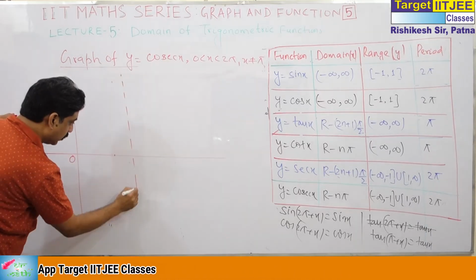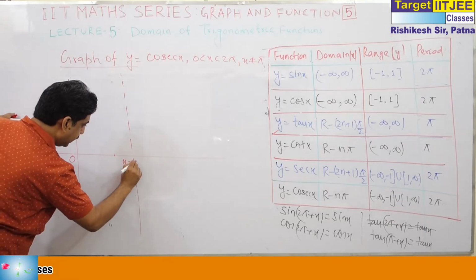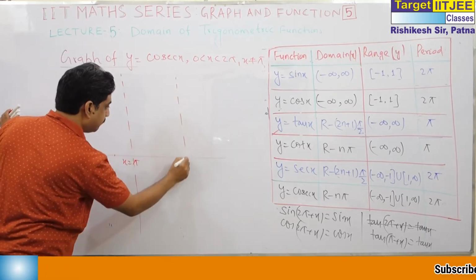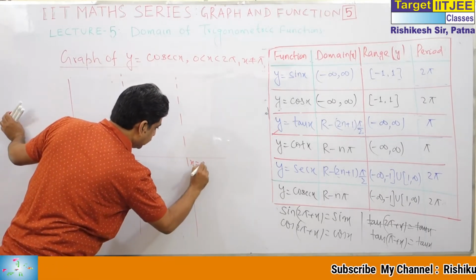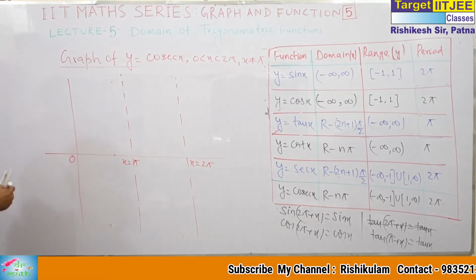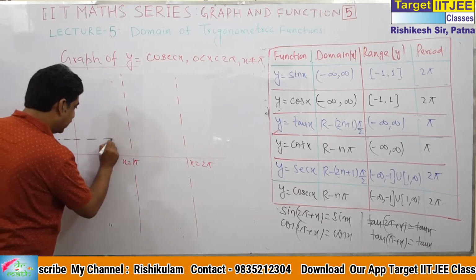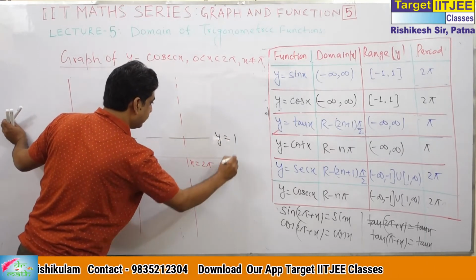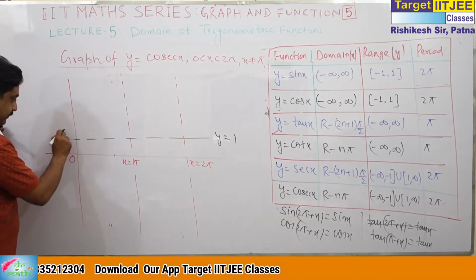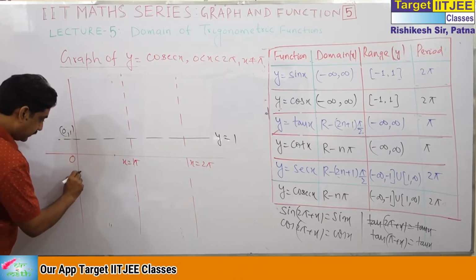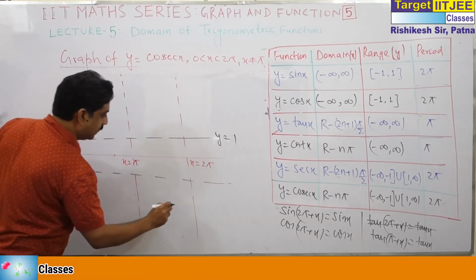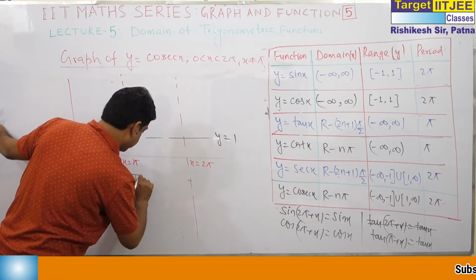These are asymptotes. x is equal to pi and x is equal to 2 pi. Like sec x, its graph lies above y is equal to 1, or lies below y is equal to -1.